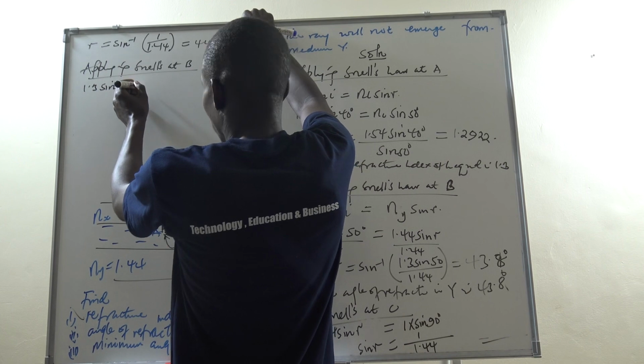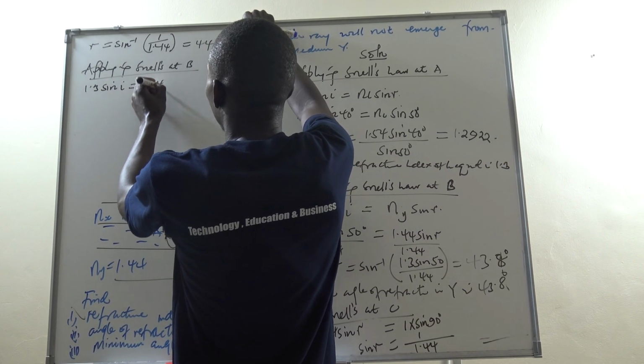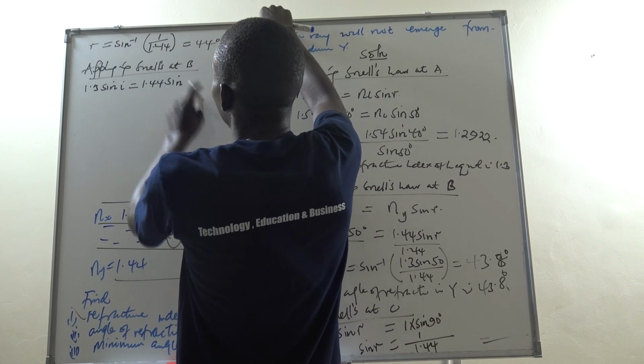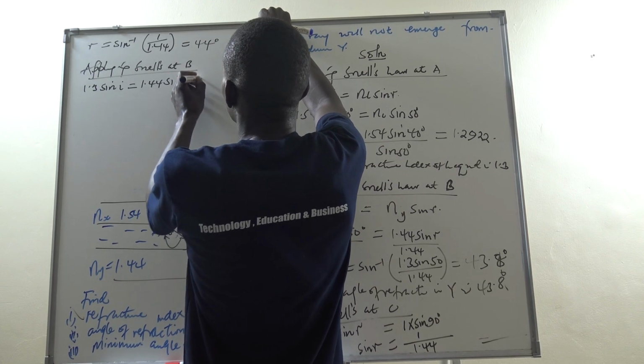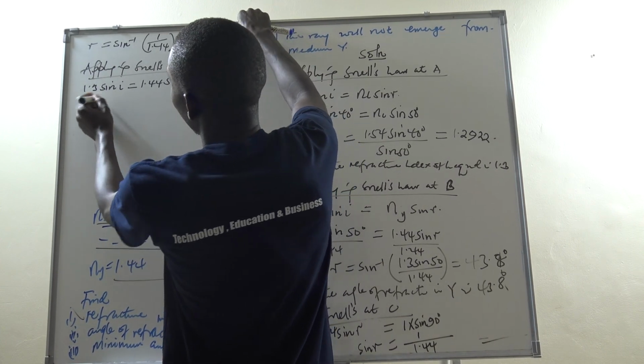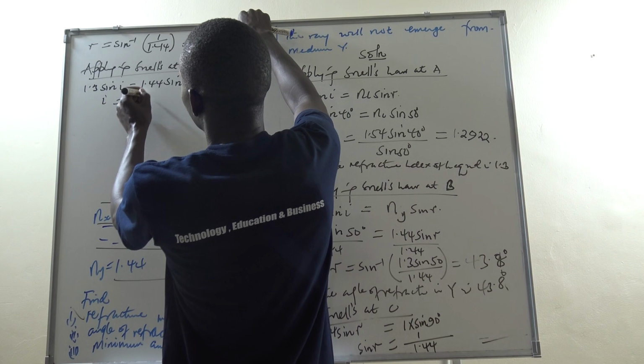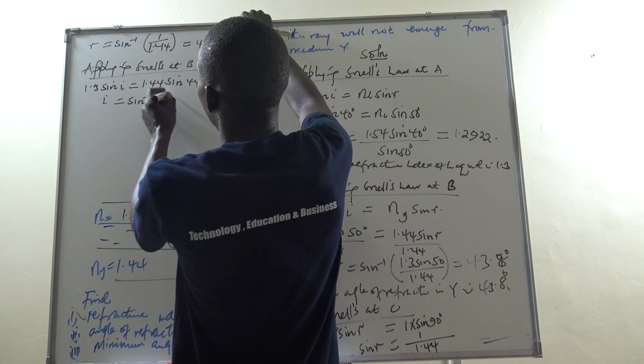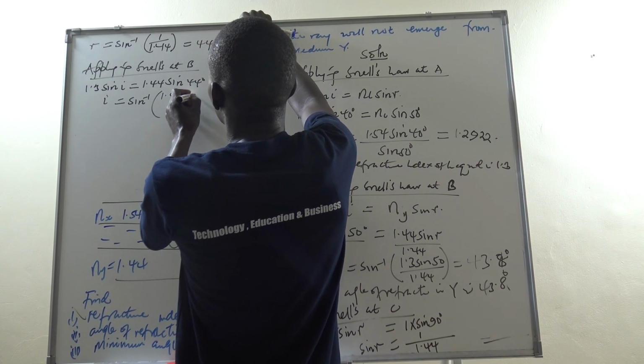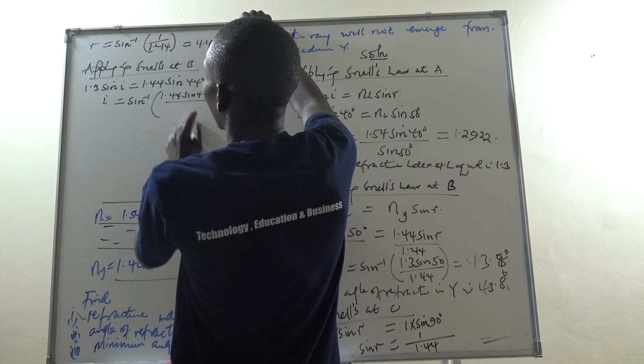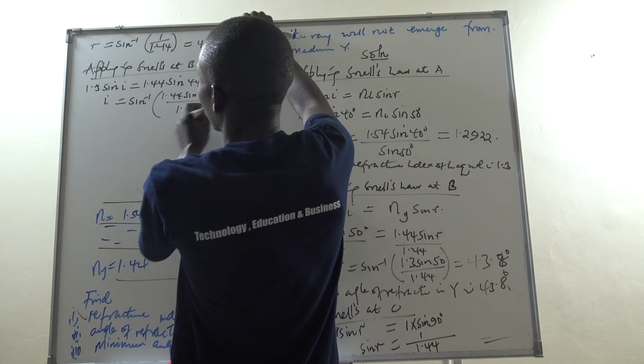Now Y, refractive index is 1.44, and then sine of 44. So what is my I? My I is the sine inverse of 1.44 sine 44 out of 1.3.